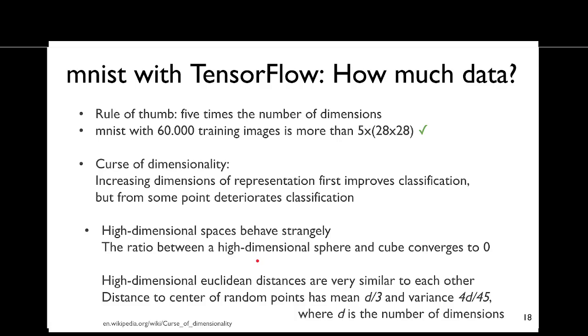Obviously, if you try to solve the MNIST classification problem with, let's say, 2 by 2 pixels, you will definitely fail. 4 by 4, you will fail, but maybe you can do already something. With 10 by 10, it's pretty clear you should be able to do something. 28 by 28, we have seen there are good solutions.